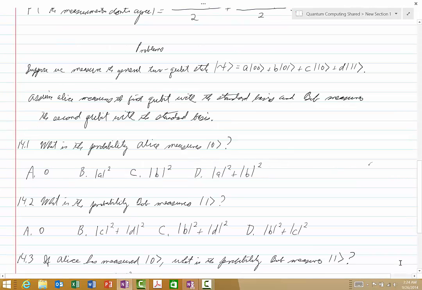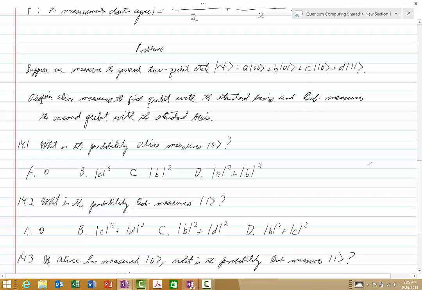So now for the problems for this lecture. We're supposing that we measure the general 2-qubit state psi, which is equal to A times 0, 0 plus B times 0, 1 plus C times 1, 0 plus D times 1, 1, where A, B, C, and D are in general complex.